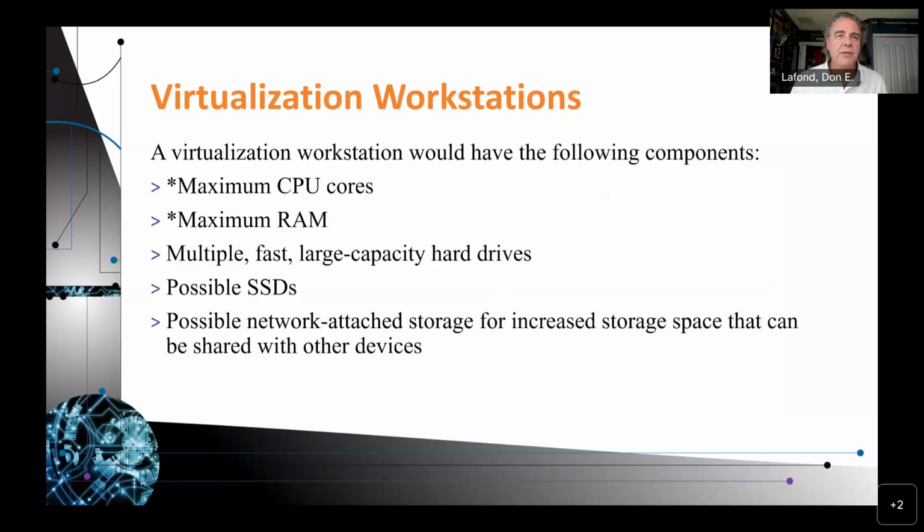It has to be strong because it's running not only its own operating system. Let's say you're running Windows 10 or 11, but it also has to run Windows 7 in a virtual machine. So that's why it still needs to be a maximum CPU. But notice it's not multiple processors. So it's not as strong as the first computer that I talked about, the CAD/CAM computer, right?